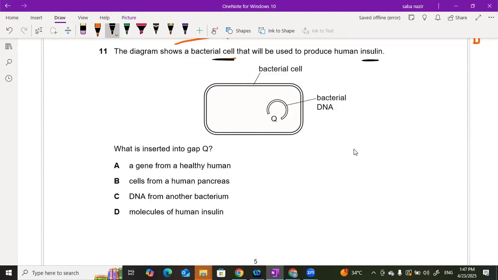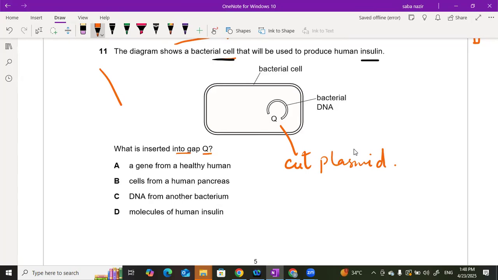A diagram is shown with a cut plasmid ring. They are asking what is inserted in the gap Q.